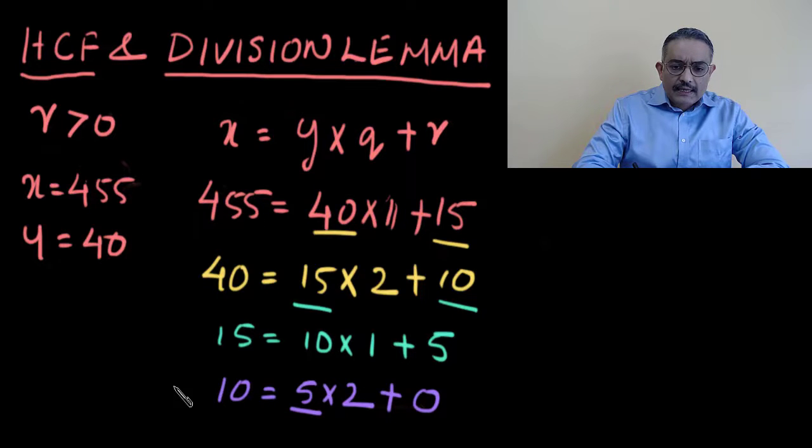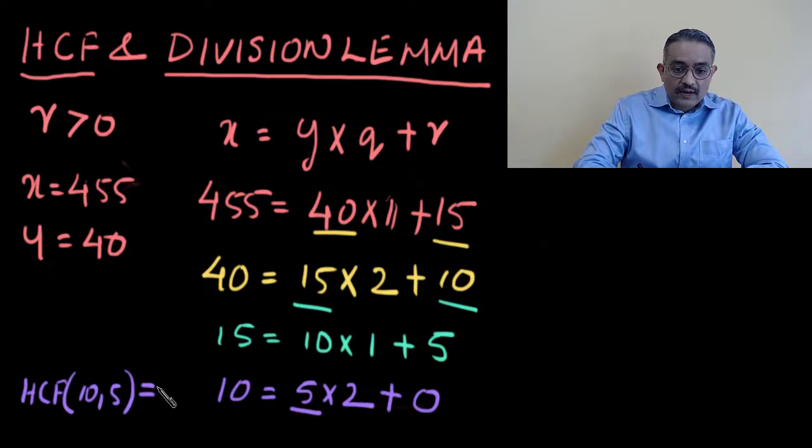So let's write that down very clearly. What we have from this step is that the HCF of 10 and 5 is 5. Then the HCF of 15 and 10 is also 5.